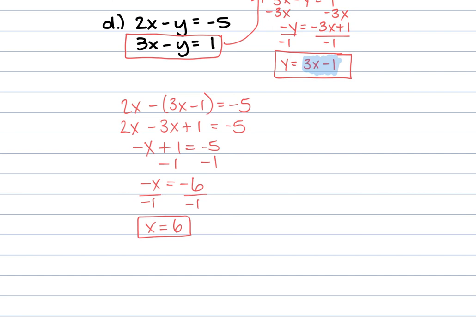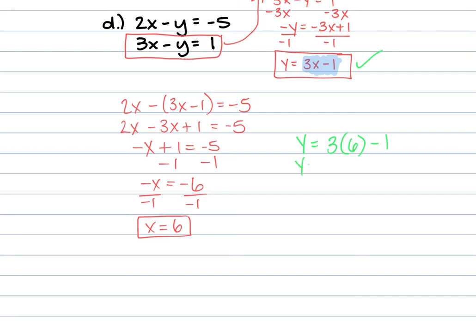Grayson? Plug in the 6 for the equation. Very good. Which one would you pick? Can you do the one that we already solved, the y equals 3x minus 1? Yes, you can. We can use y equals 3x minus 1. So let's take y equals 3 times 6 minus 1.